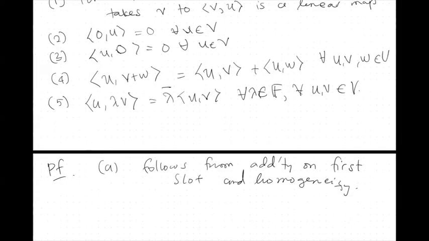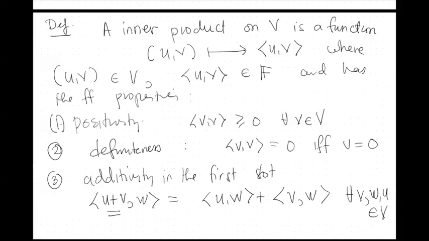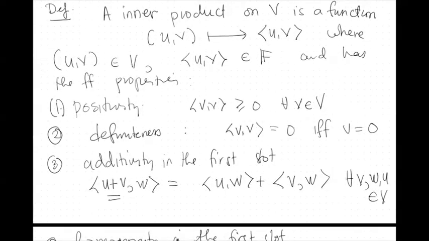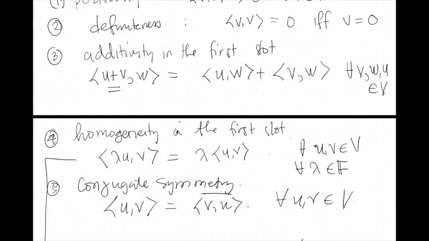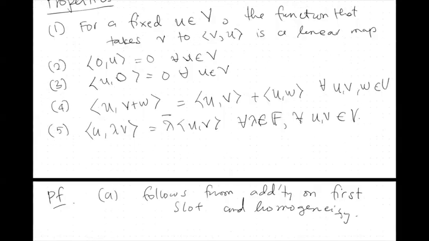Additivity in the first slot simply says that we have the following, and then for the other one, homogeneity, we get the following. This is for scalar multiplication, and this is for vector addition. So if u and v are in the space, then u plus v is also inside the space.